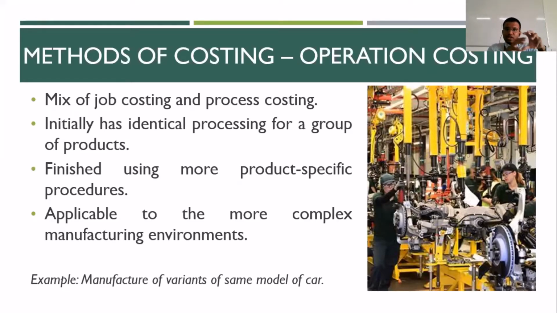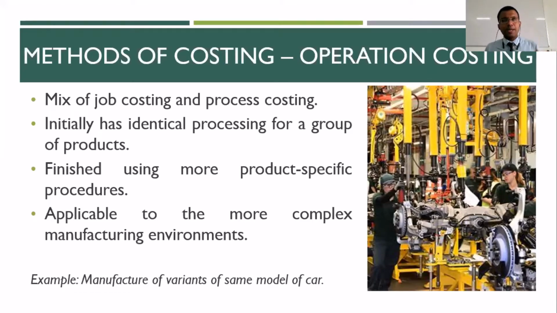So it is a combination of process costing, because the product is almost the same, but at some stage, at some sequence, it may have to go for a slight differentiation. I'll pick up an example here first so that you could understand this concept better.